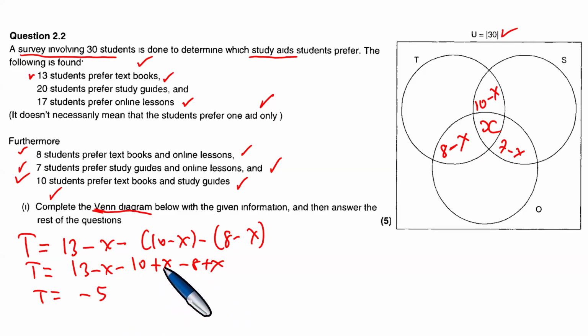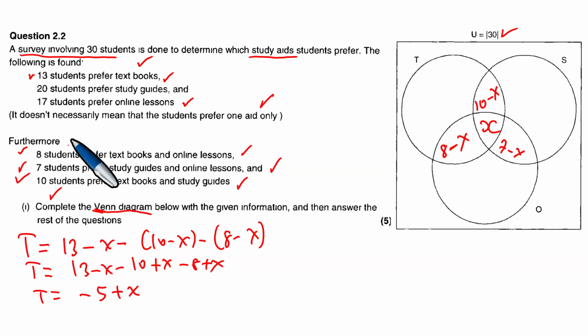And then we have minus X plus X plus X, which gives us exactly X. So we have X minus 5. We take note of this: X minus 5.